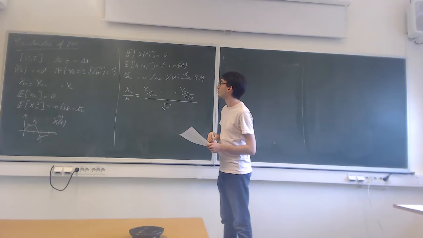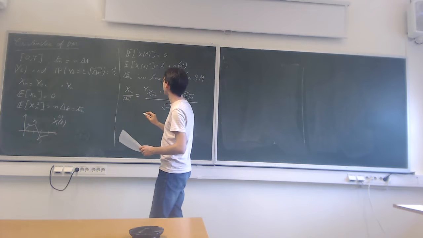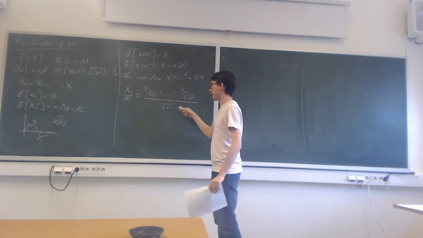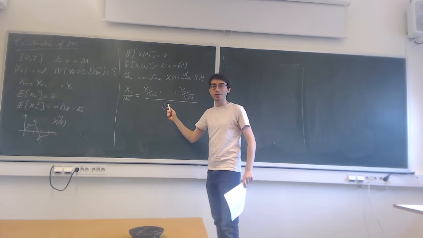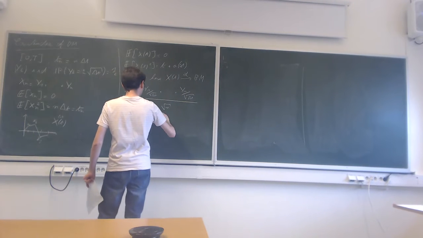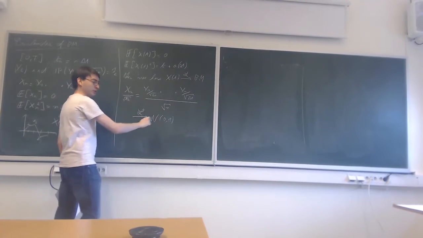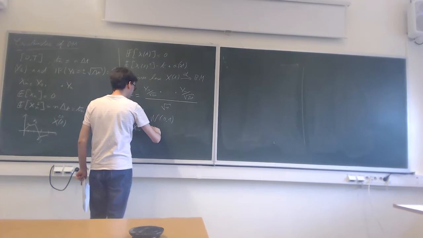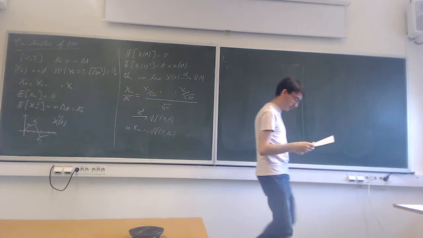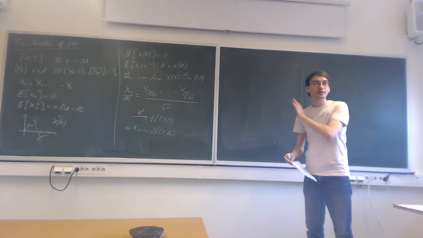Here, this is exactly the framework where we can use the central limit theorem. So we know that it converges to N(0,1), and if you multiply by the square root of Tn, you have Xn approximately N(0, Tn). I simplify everything because this is not the most important construction, but this is the idea.